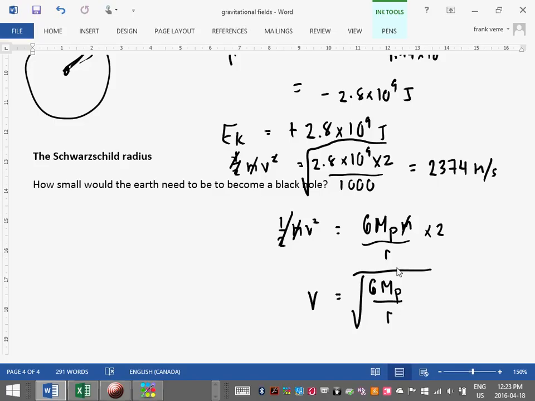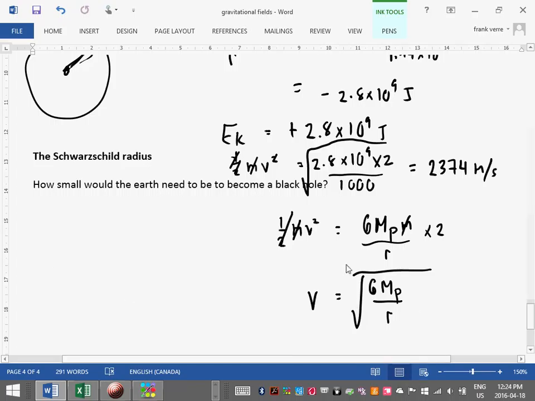So we can ask a really neat question. How big would the Earth need to be to become a black hole? To the point where if we shine a beam of light from the surface of the Earth, and you were off the Earth, let's say on the moon, waiting for this beam of light, you would never see it. In fact, you wouldn't even see the Earth, because no light would escape from the Earth. How big would the Earth need to be for that to happen?